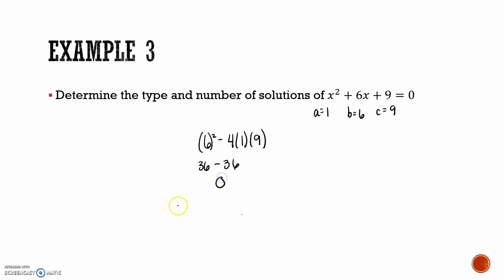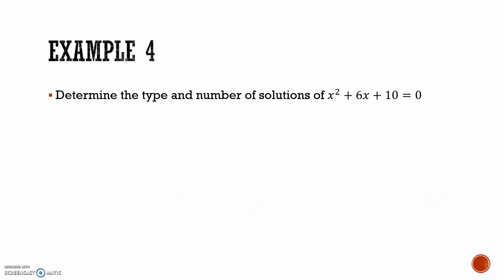This would be 0, so that means that there is one real solution. And that's all we're going to do with this. I just want you to see before tomorrow's lesson that the discriminant is going to be very helpful. So there's one real solution.